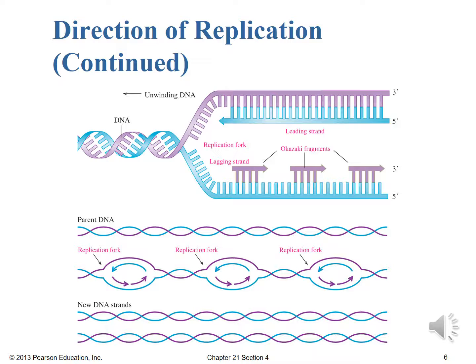We see down below the parent DNA, the replication forks that form as a result of the unwinding of DNA, and then of course we have our small Okazaki fragments, or however that's said correctly, apologies to whoever's name that is, in order to form our new DNA strands and double our DNA and allow for cells to divide and make two cells out of one cell.